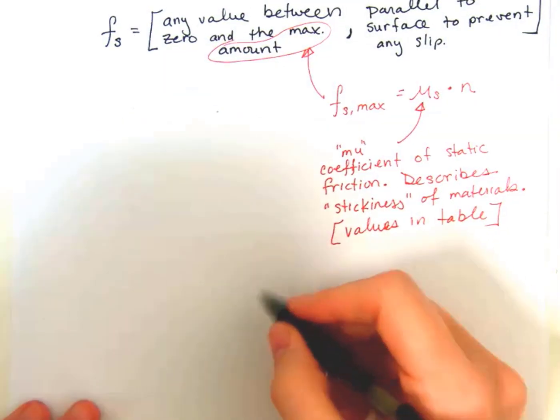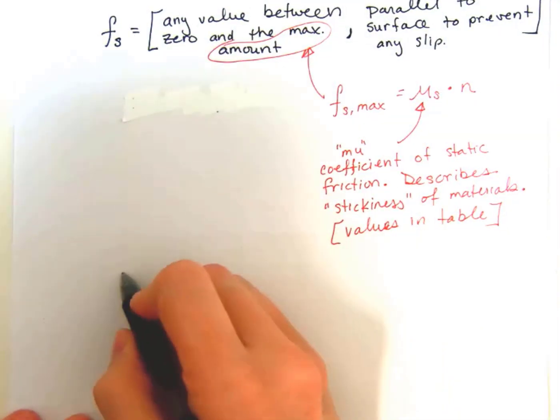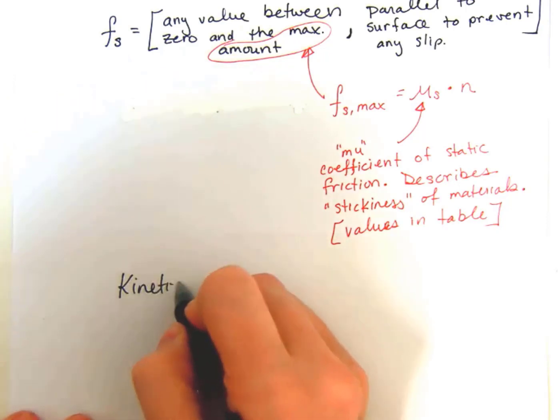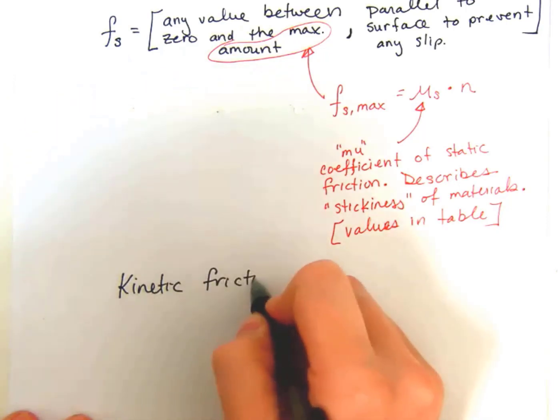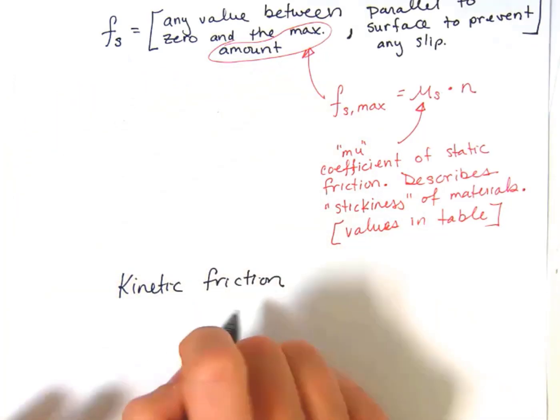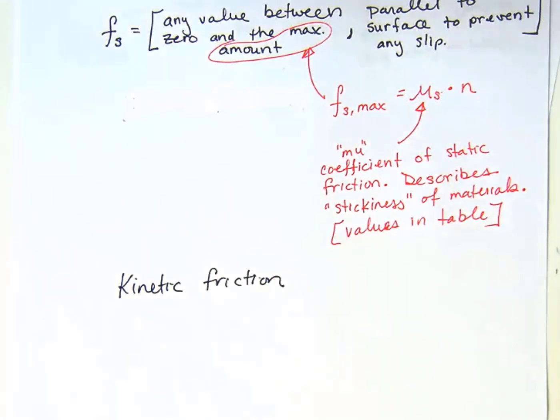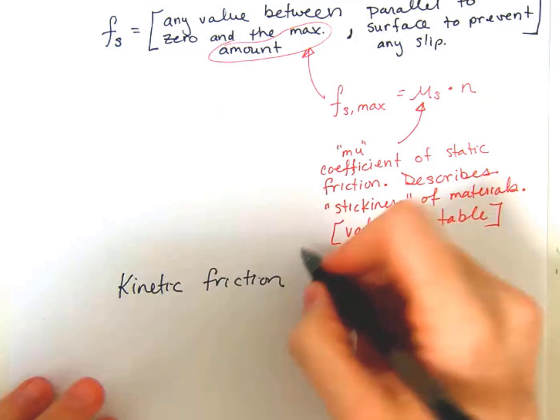All right, so the next type of friction is going to be kinetic friction. And remember that kinetic is supposed to mean motion. So this is going to be friction between two objects that are sliding over each other.